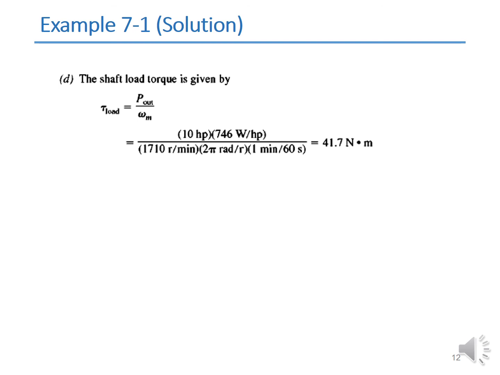The output power is 10 horsepower, which is given as the rated power of the motor, but we need to convert it to watts, so we multiply it by 746. The speed is given in RPM, or revolutions per minute, so we need to convert it to radians per second, and the work can be seen here. We should get a value of 41.7 Newton meters as the answer.